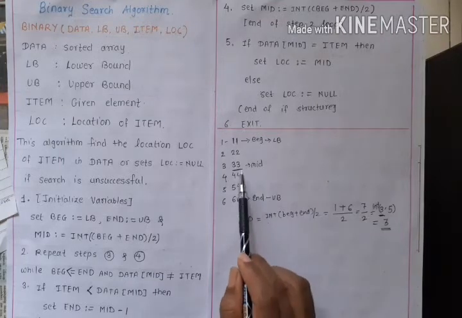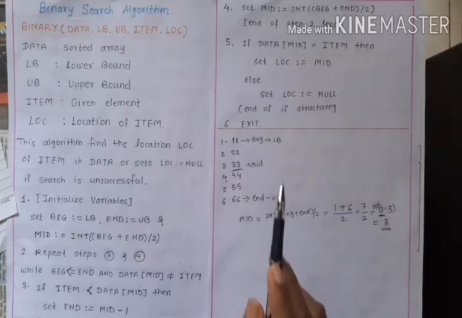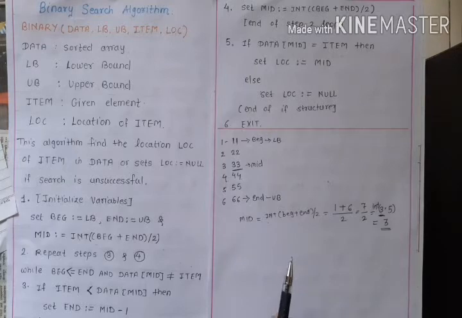If the given element matches the mid element, then you have found that the element is present in that list. If not, then again set the beginning and ending values and calculate the mid element with the new beginning and new ending values. Then how do we get the new beginning and new ending values?